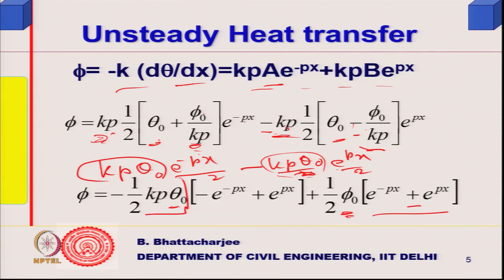If you do this, you get e to the power minus px, and what is this? Sin hyperbolic px, and what is this? This is cos hyperbolic px. So phi can be written as minus half kp theta 0 sin hyperbolic px plus half phi 0 cos hyperbolic px, right.